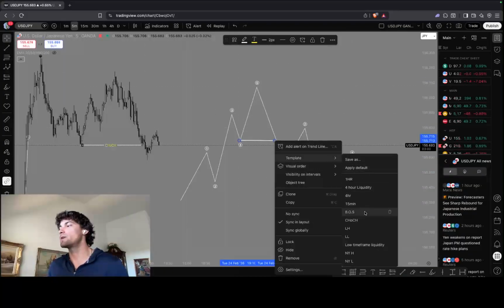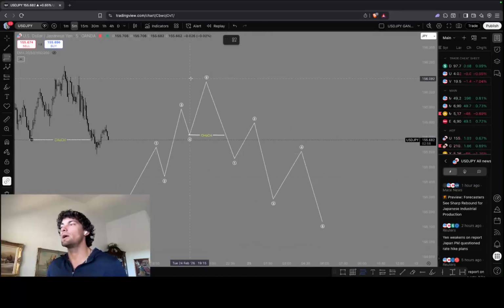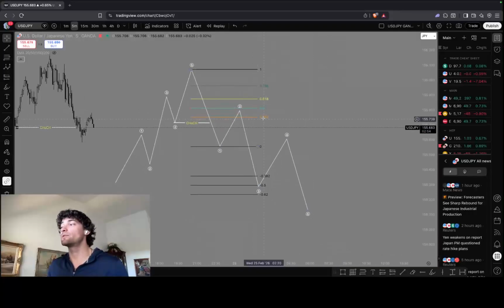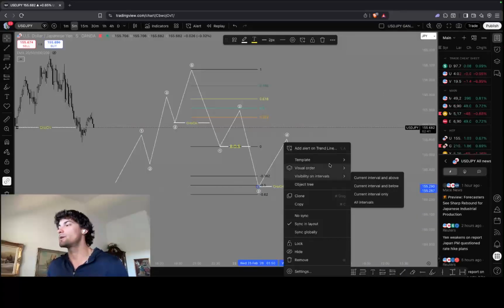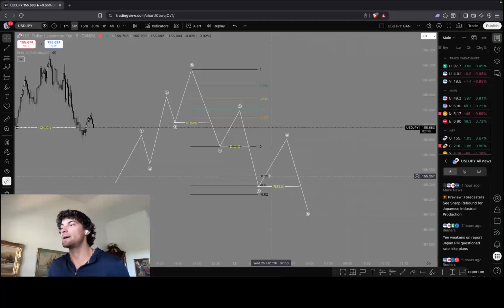We have a change of character. We look for a retracement in the other direction, and then we look for that continuation break of structure. So boom, break of structure here, right? Break of structure and break of structure. Whoops, break of structure. Just like that, right?